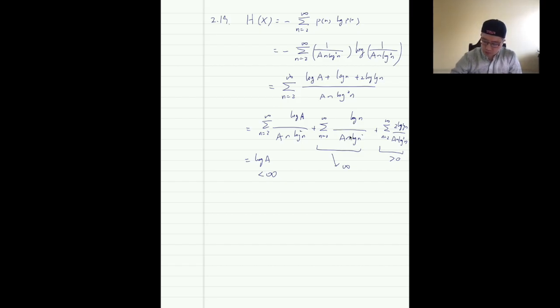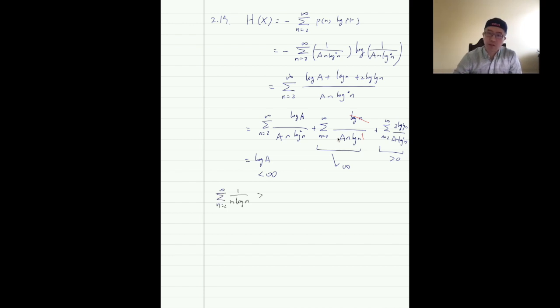We can get rid of the log n term and the square. A is a constant, so it doesn't matter. The only thing we need to show is that if we take the summation of 1 over n log n, it goes to infinity, right?